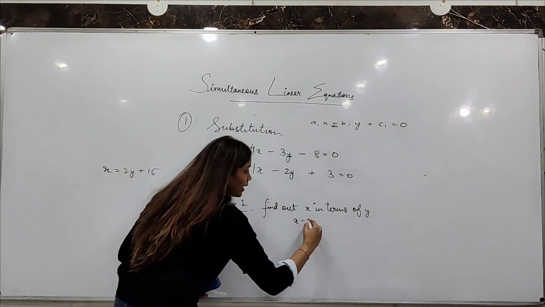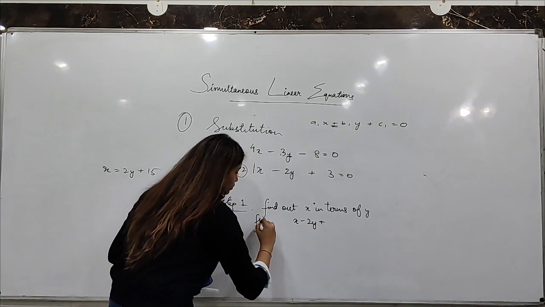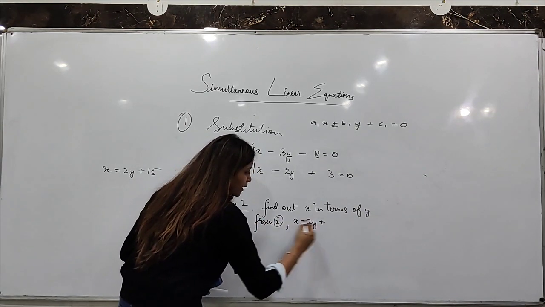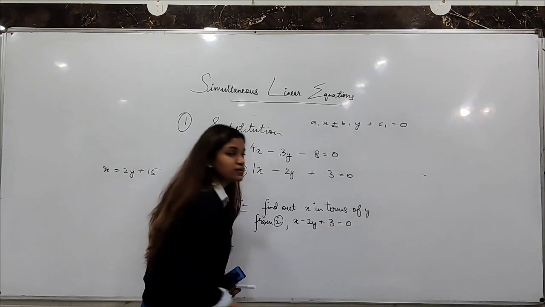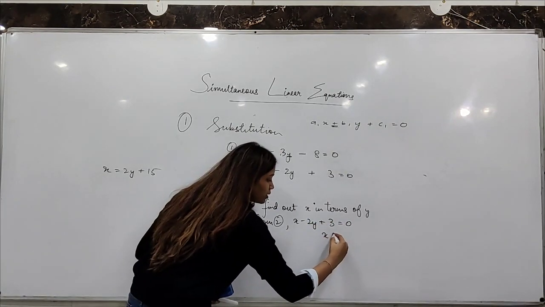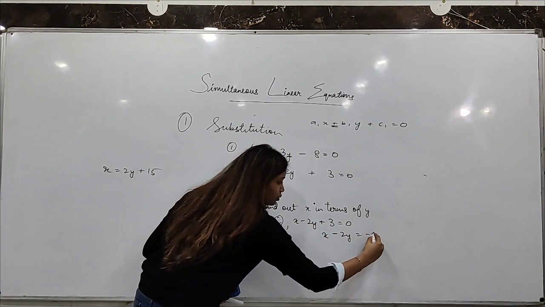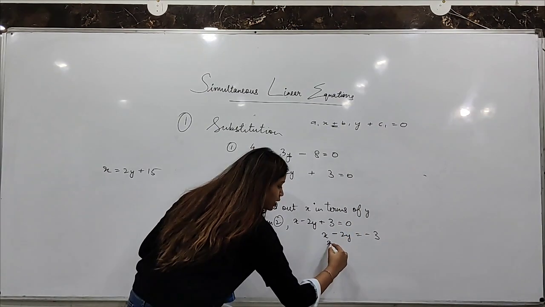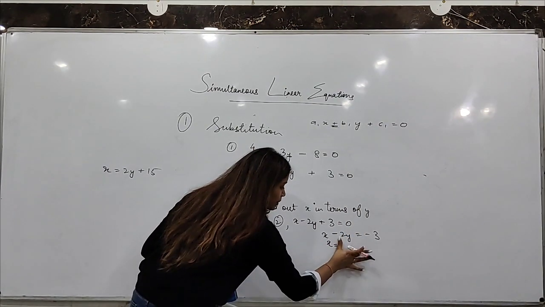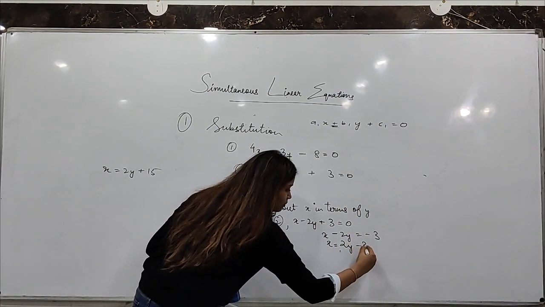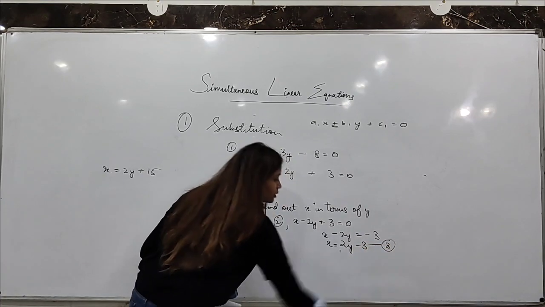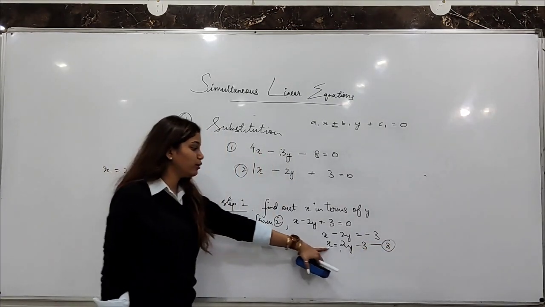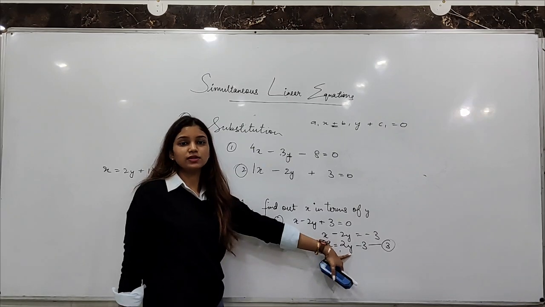We have x minus 2y plus 3 is equal to 0. Now let us transpose: x minus 2y is equal to minus 3. 2y also transpose. So x is equal to 2y minus 3. This is our third equation. We have got the value of x as 2y minus 3.